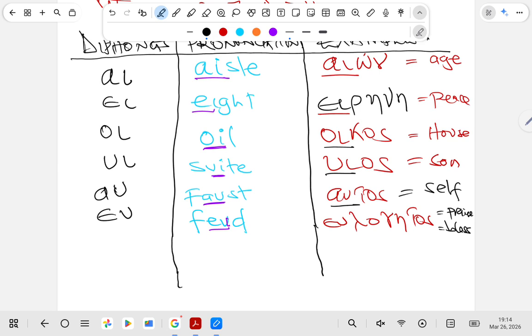The last of the diphthongs is ou, which is omicron upsilon. Omicron upsilon. So think of the English vocabulary soup. You see it's there.